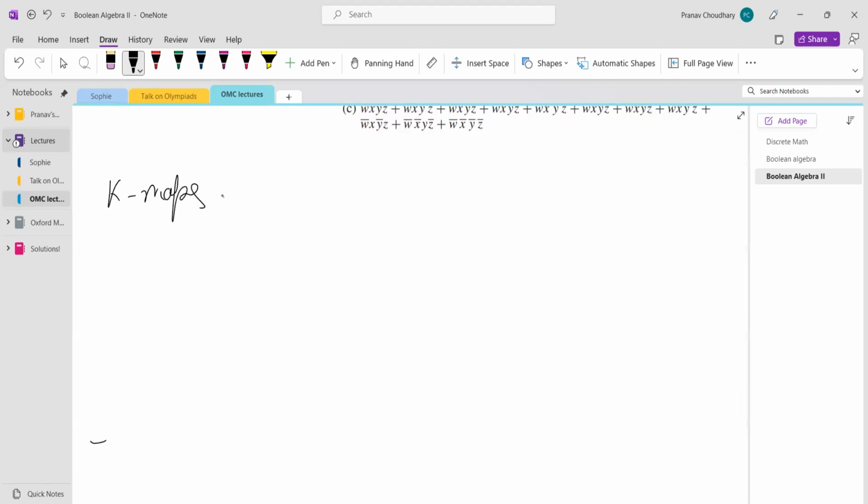So let's just consider a function in two variables, f of x comma y. What we do is we create a grid.